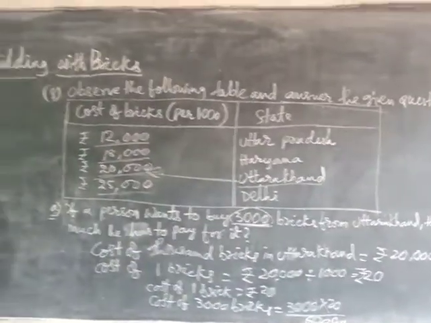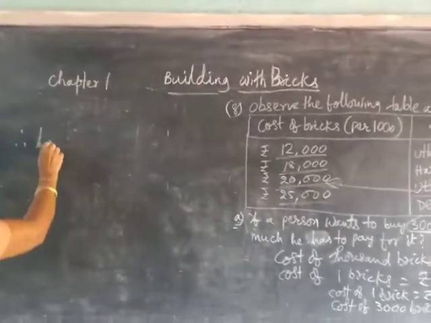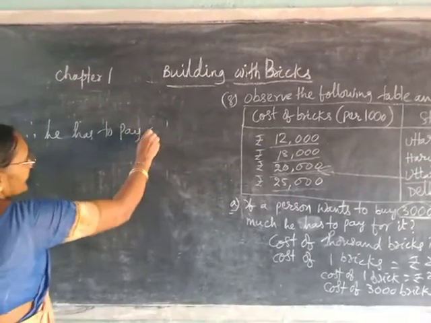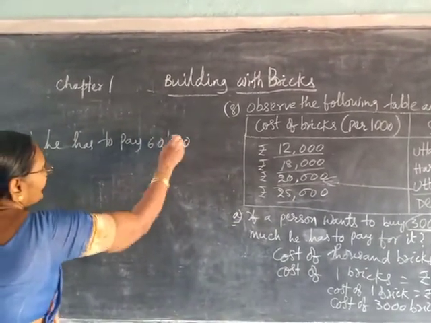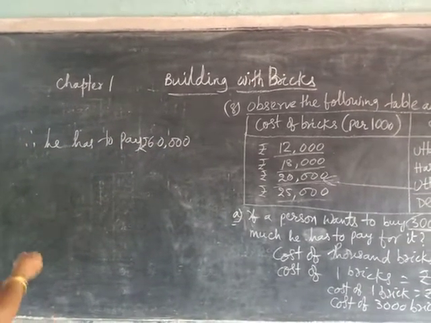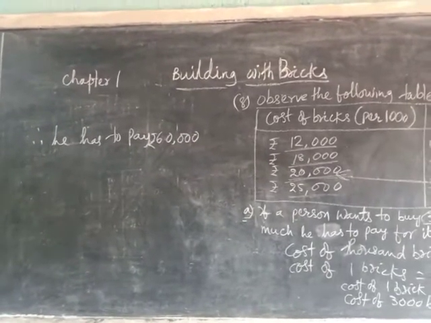Therefore you have to write that he has to pay 60,000 rupees to buy 3,000 bricks. Okay, like this way you have to do.